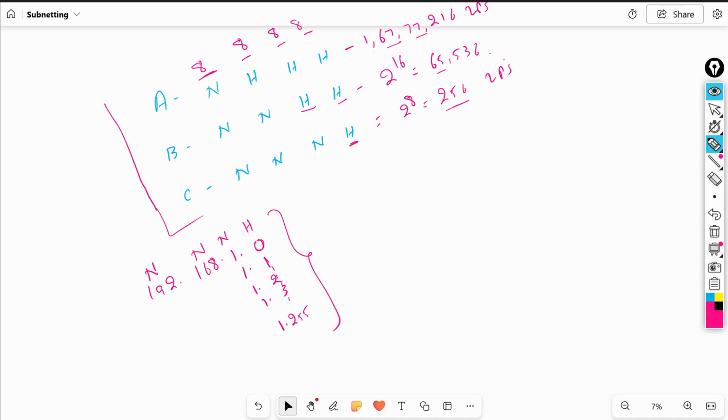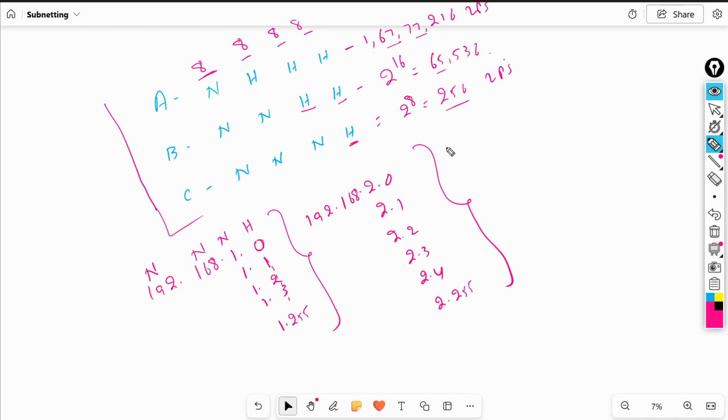This is one network. If we change any number in the first, second, or third portion, that would be a different network, right? For example, 192.168.2.0. This network starts from 2.0, 2.1, 2.2, 2.3, 2.4 up to 2.255. This is another network in class C.